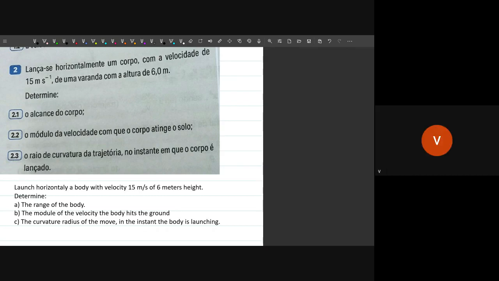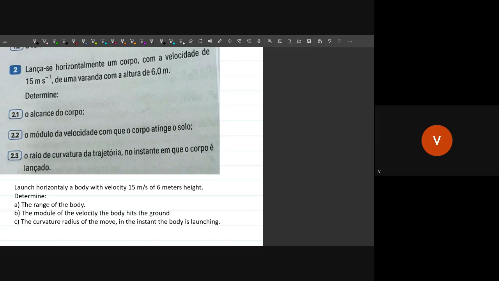Is this the drawing? Let me see. Yeah, okay. But you need to draw the ground too. You need to draw the ground to understand the position where the body will hit, right?